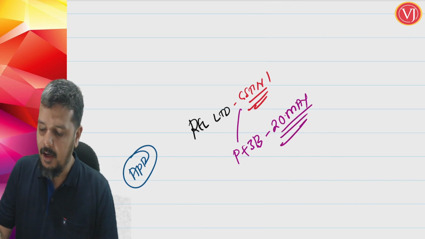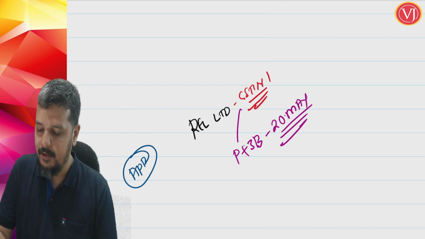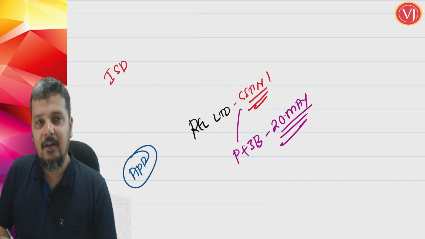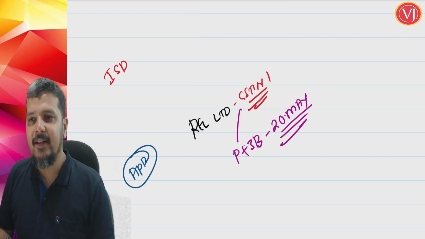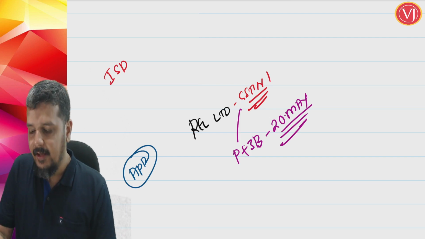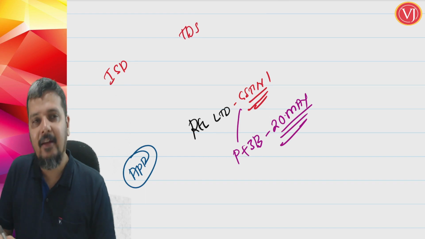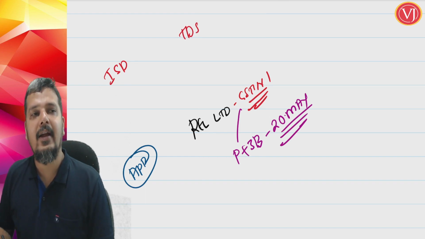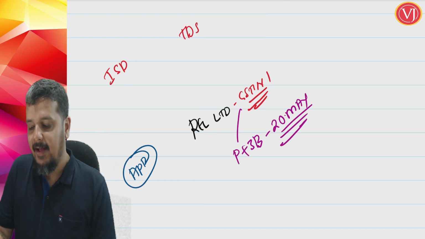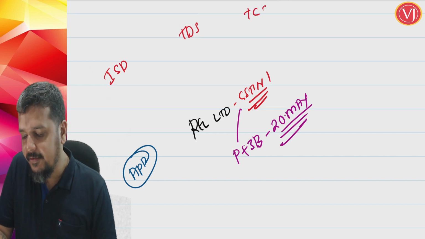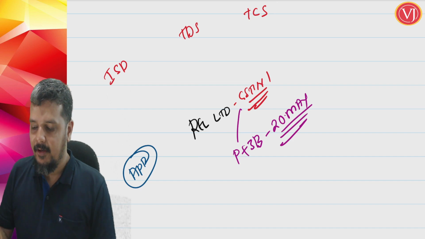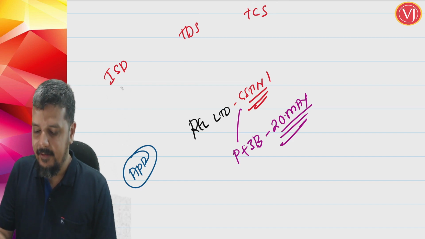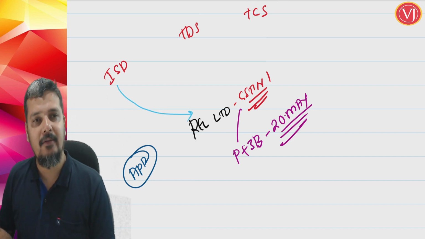I have got a head office of the same Reliance Limited who will take the credit and pass on the credit. I have government contracts where government is deducting TDS. I am supplying through an electronic commerce operator who is collecting TCS. Now understand that this ISD has to come to me.